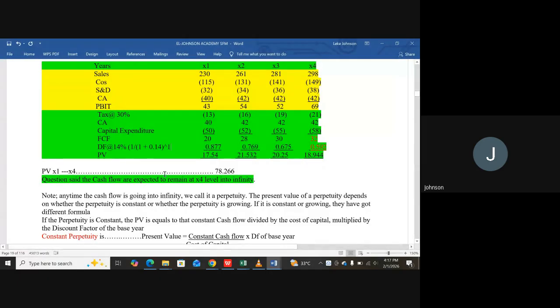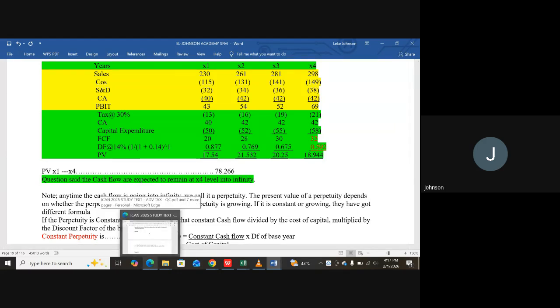Mathematically, you say 1 plus 0.14, and you're going to get 1.14. Anything you raise to power 1 is also that number, so 1.14 raised to power 1 is 1.14. You now say 1 divided by 1.14. What are you going to get?